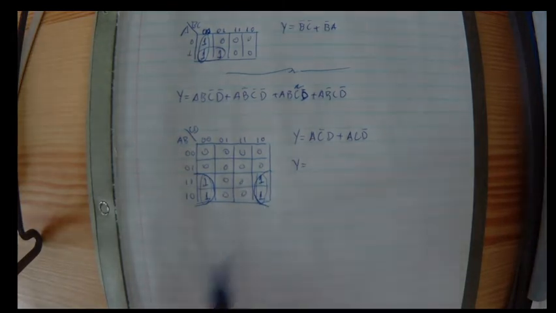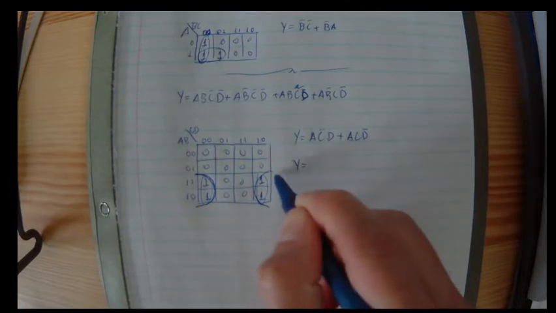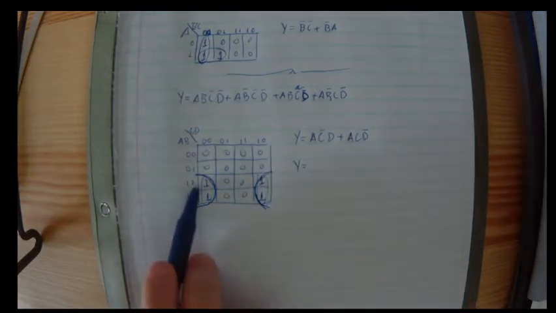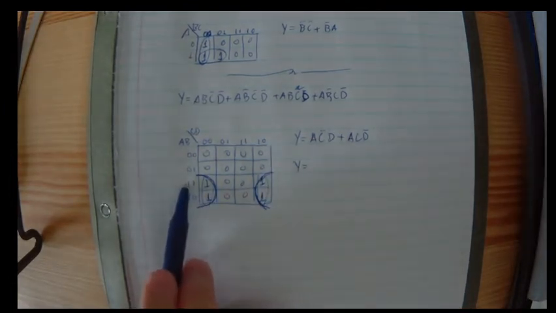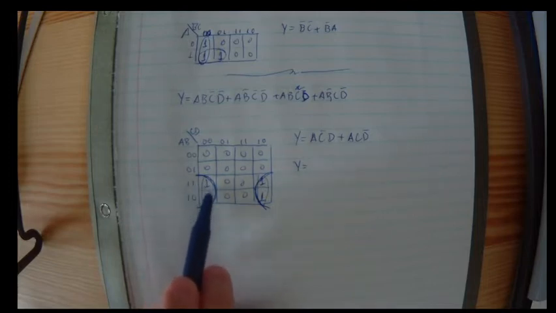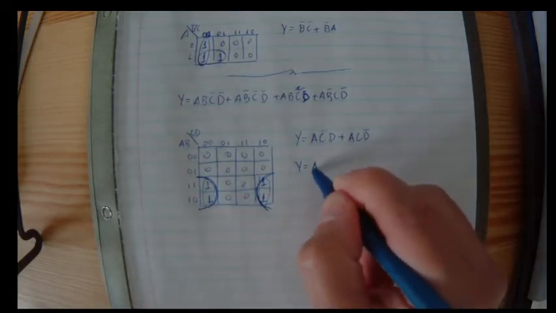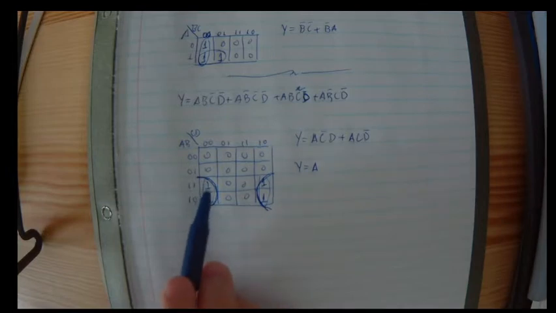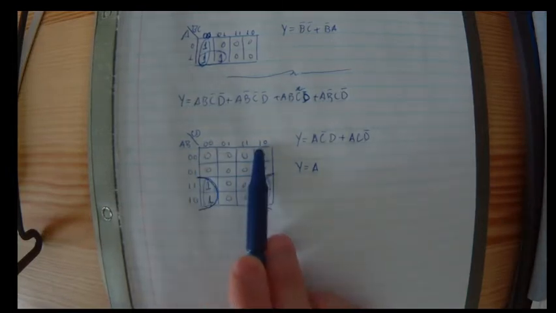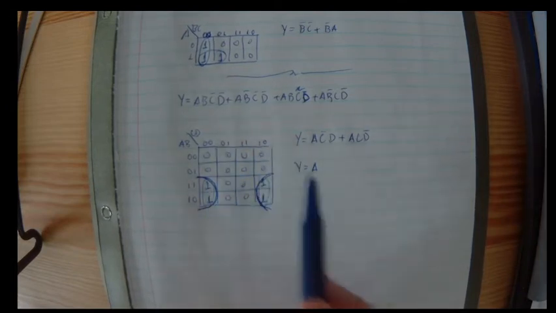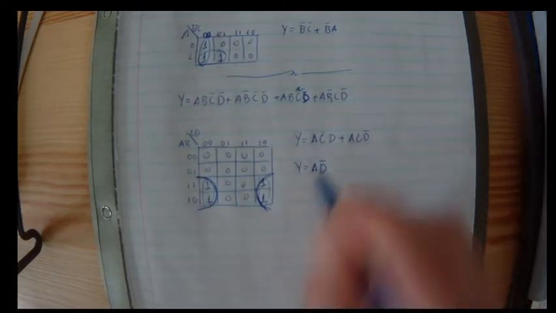In this case, we can see that the only one that is not changing here is A. So A is the same here and the same here. And the other one that's not changed: you can see that C changes, but D doesn't change, so it's complement of D.